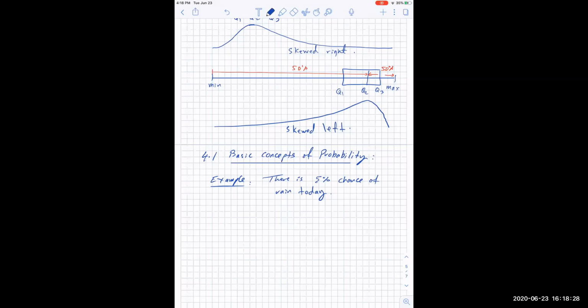So in mathematics, we say the following, guys. I have an event, and we usually use a capital letter to name or label events. Event A, which is raining today.